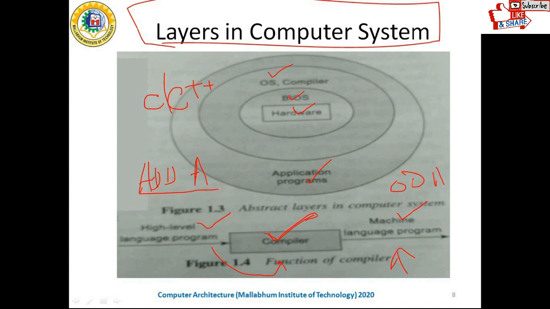So that instruction has to be passed to the compiler or the interpreter, and it has to be converted back to machine language. Machine language means this add has to be converted to a combination of zeros and ones, and the computer then understands according to the combinations given to it during the time of construction, and performs the operations.